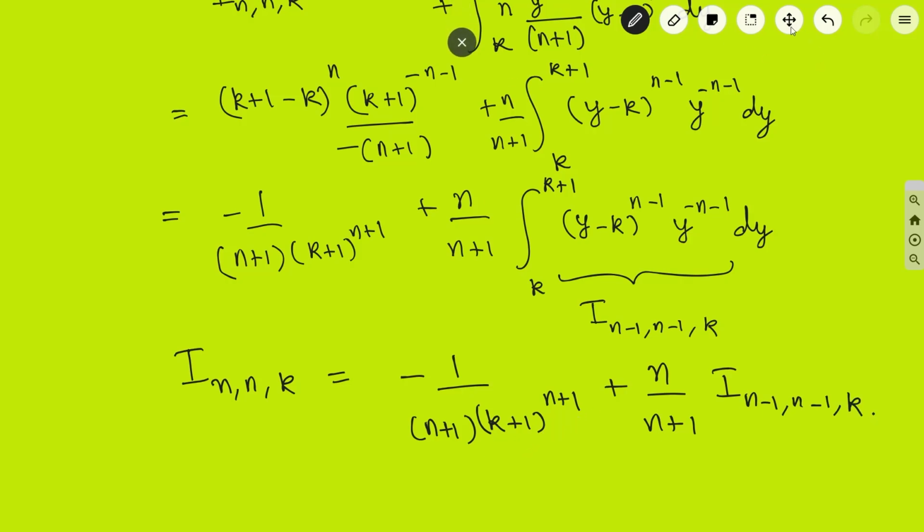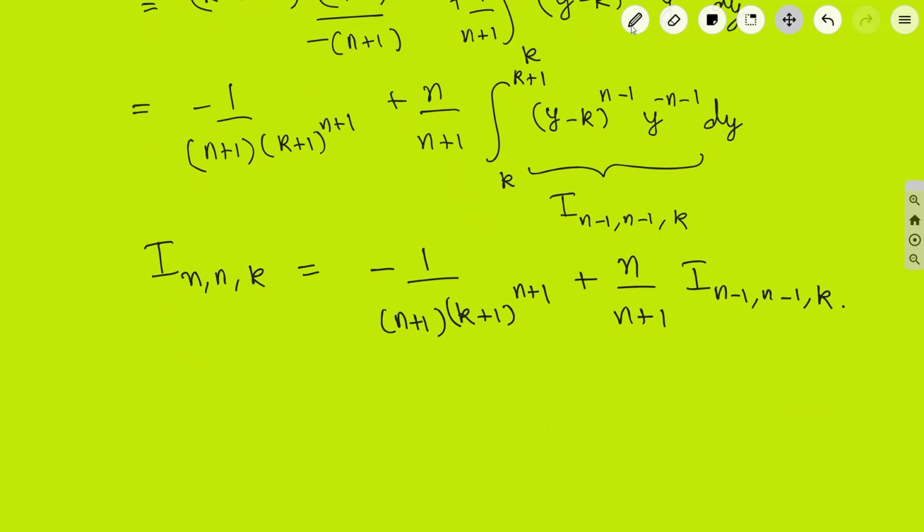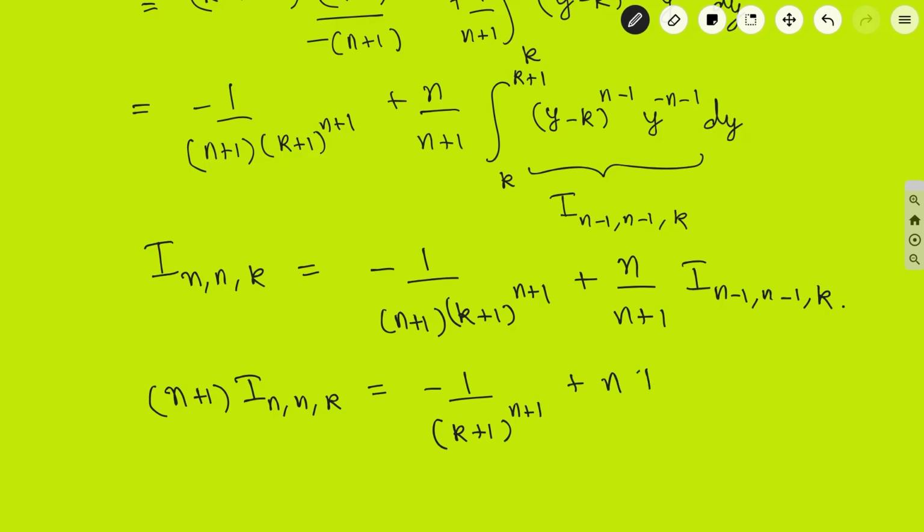So this is what we get. Let's multiply throughout by n plus 1. So you have (n plus 1) I(n, k) is equal to minus 1 by (k plus 1) to the power n plus 1, plus n I(n minus 1, k).